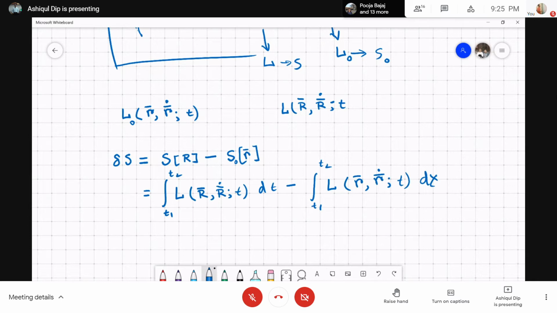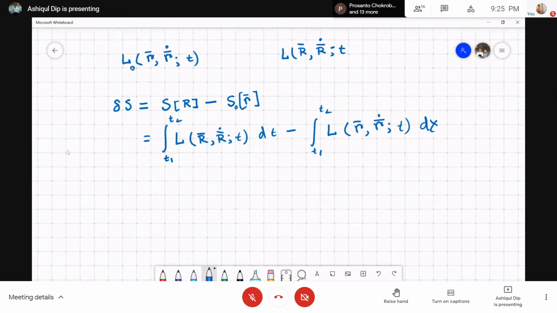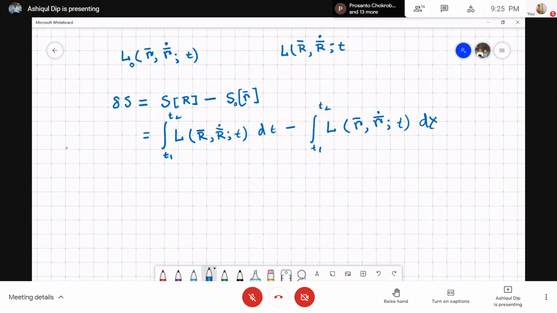Yes. Okay, so all we need is to evaluate the L for both of the paths. The standard prescription of the Lagrangian is kinetic energy minus potential energy, right? T minus V. So the T at L would be the kinetic energy, half m big R dot squared.